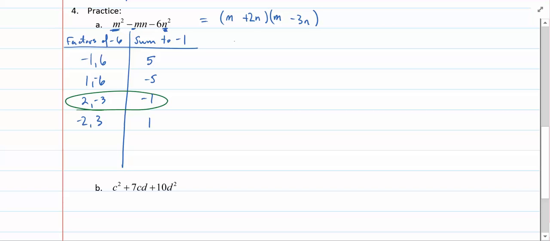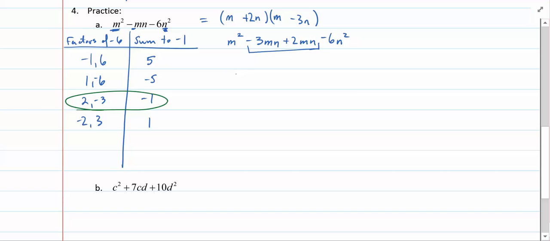To double check our work, we should FOIL, and the first product of these two binomials is an m squared. The outside product is -3mn. The inside product is +2mn, and the last product is -6n squared.